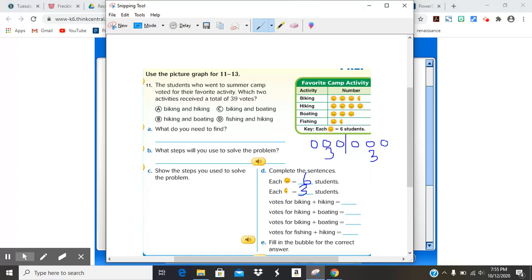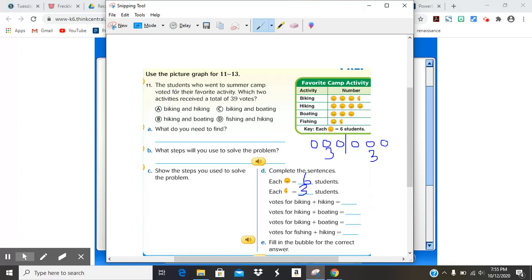So it says down here, votes for biking and hiking, votes for hiking and boating, votes for biking and boating, fishing and hiking. So you see that that's the choices we have up here: biking, hiking, hiking, boating, biking, boating, and fishing and hiking. So we need, it says, what do we need to find?